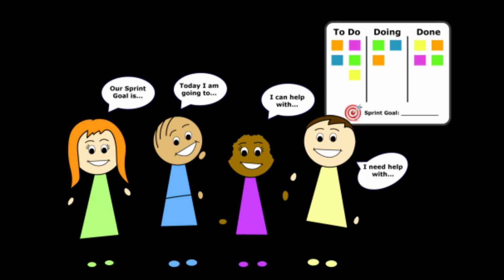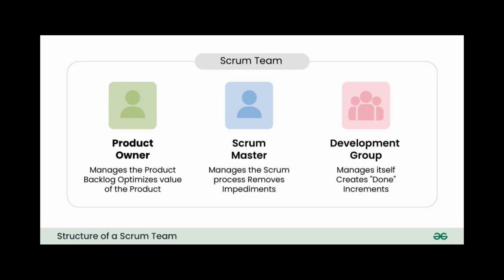During the daily scrum, a developer openly says the payment API integration is delayed due to third party issues, because the issue is transparent. So what will be the outcome in this case? The scrum master removes blockers. The product owner adjusts priorities. The team avoids last minute surprises.